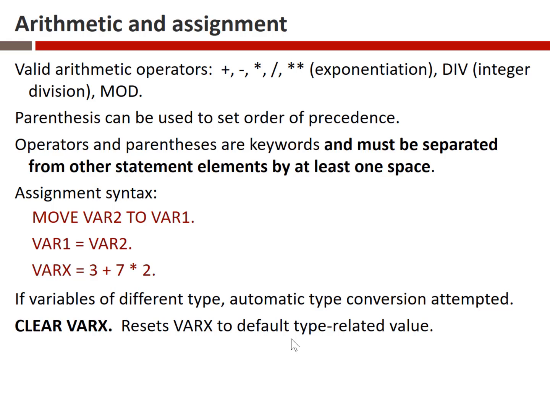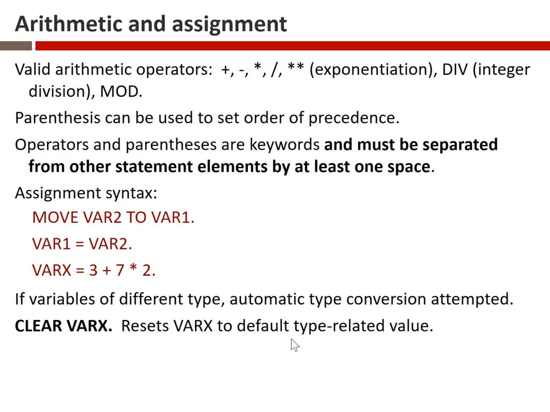I do have a keyword that sometimes is useful that I can use in conjunction with data objects, and that's the keyword clear. Clear will allow me to wipe out the value of a particular data object. Now notice this, it resets the variable to the default type-related value.